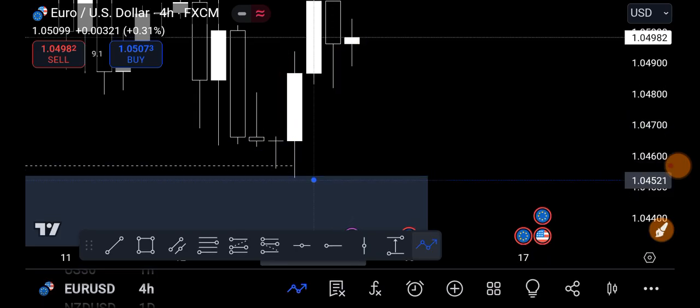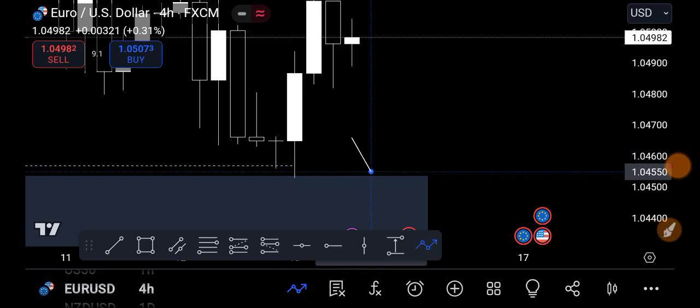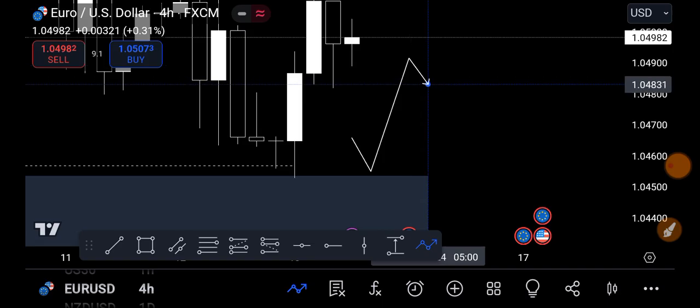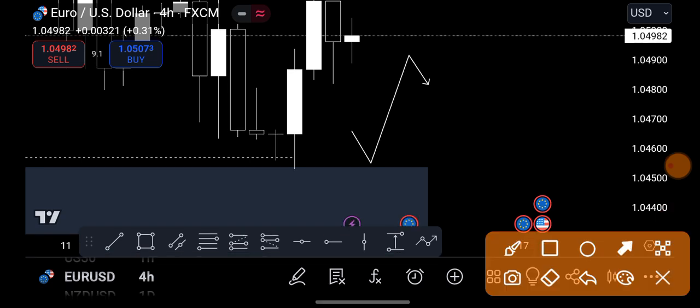It opened here, it came down like this, and then it went up and came to close here. That's what it means. So we have the opening, then the lowest point of that candle, the highest point of that candle, and where it closed. That's the meaning of the candlesticks.